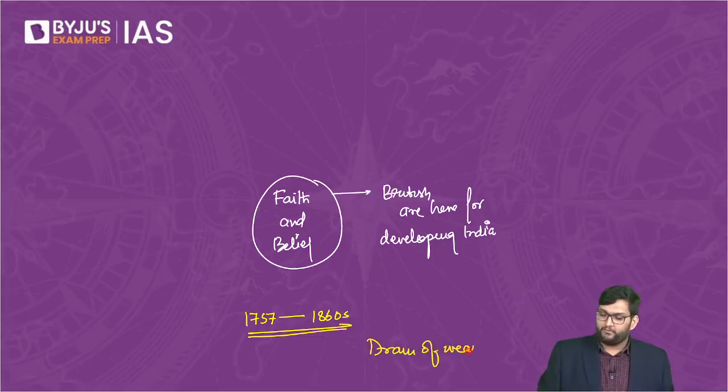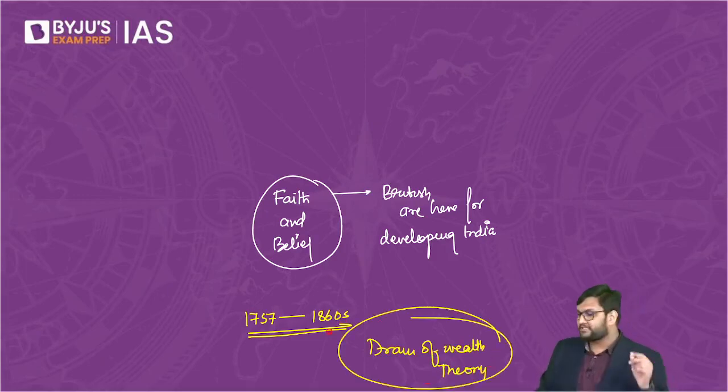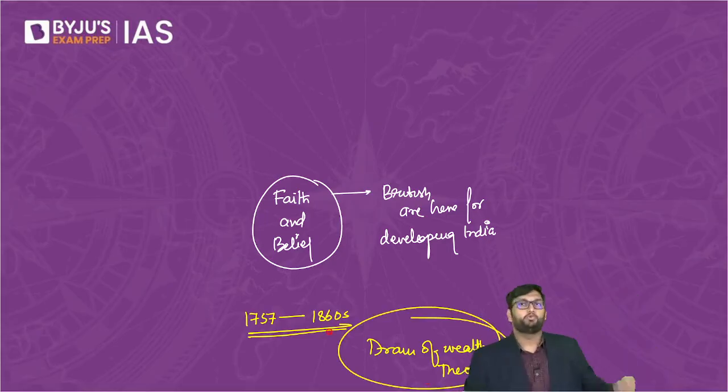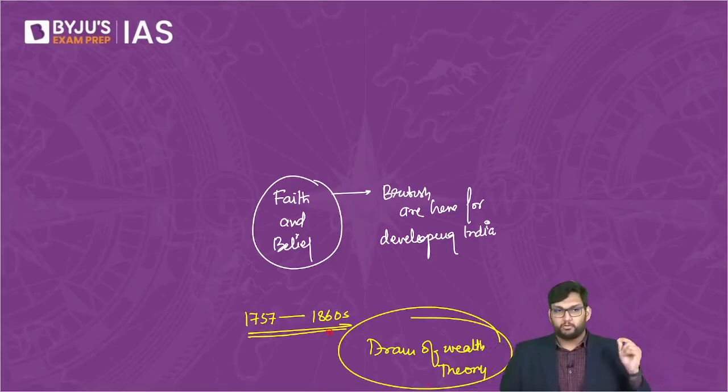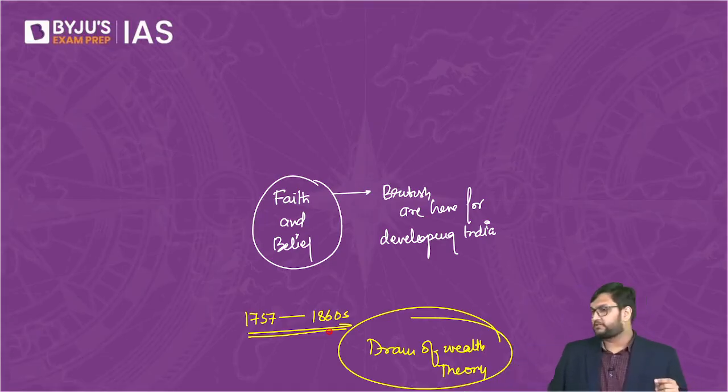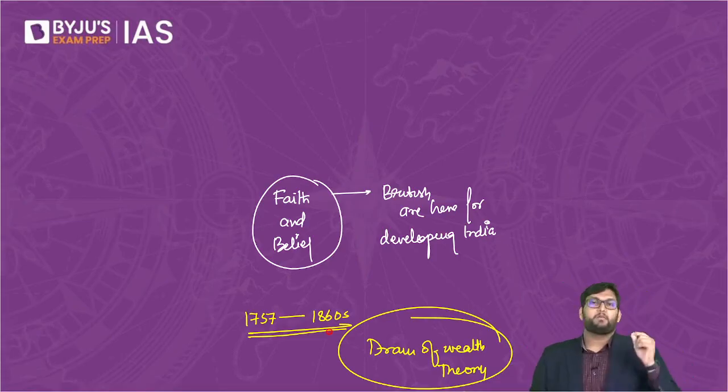And the drain of wealth theory will very simply prove that the British have been looting India. It will take them 100 years to do it. This looting was happening for close to 100 years. But unfortunately, we had an intrinsic faith which did not allow us to see what the British were actually doing.